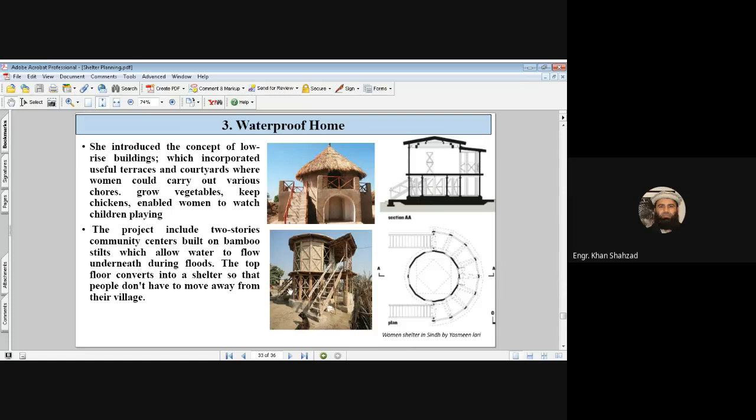Yeah, this one, which is supported on this bamboo, and which is allowing the water to flow through it during floods. The top floor converts into a shelter so that people don't have to move away from their villages. Yeah, this is the top story. The people can live here during the floods.